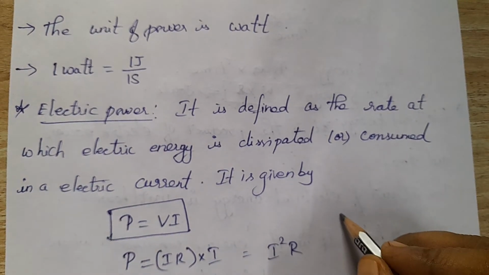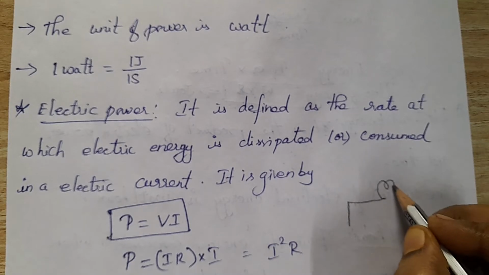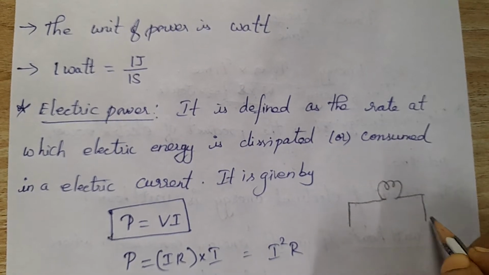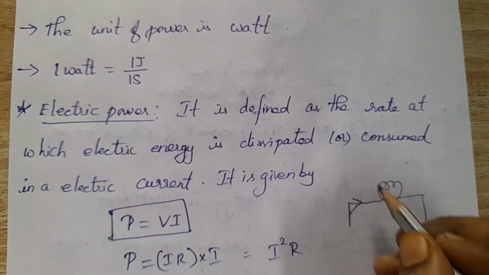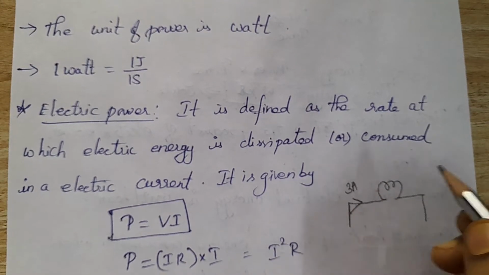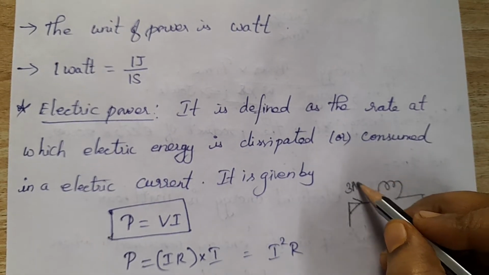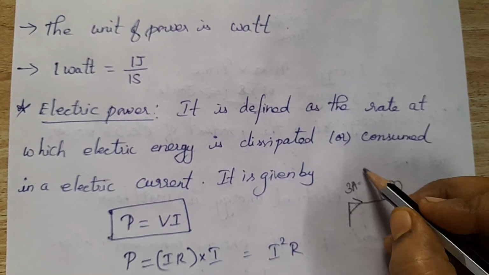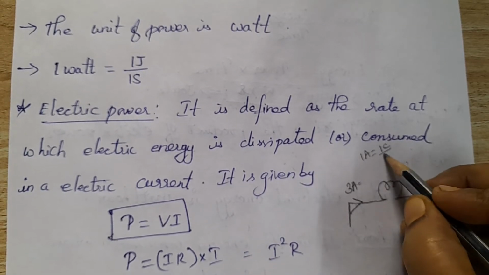For example, this is your resistor, and a current of 3 amps is flowing here. 3 amps means what? 1 ampere is equal to 1 coulomb per 1 second.